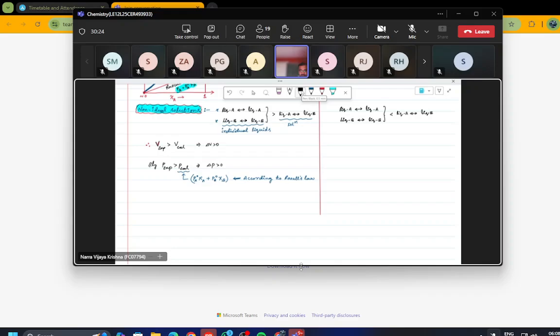Indirectly they are repelling means, what about delta H? Greater than 0. What about delta S? Greater than 0. Delta G less than 0. Right? Response, sir. Now coming to this parameter. What about delta V now?